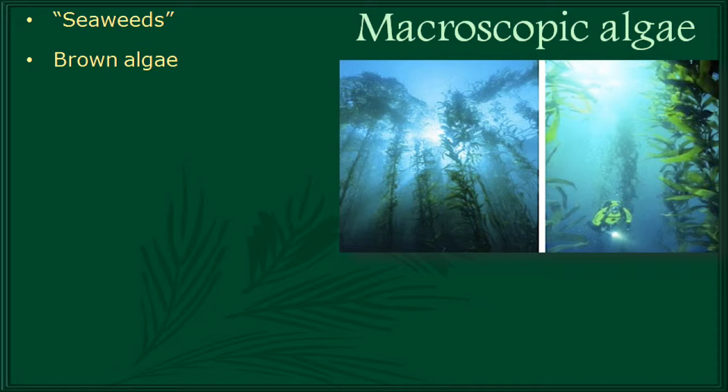You'll find them in, for example, the large brown macroalgae in the nutrient-rich environment off the coast of California, and they form what's called the kelp ecosystem.